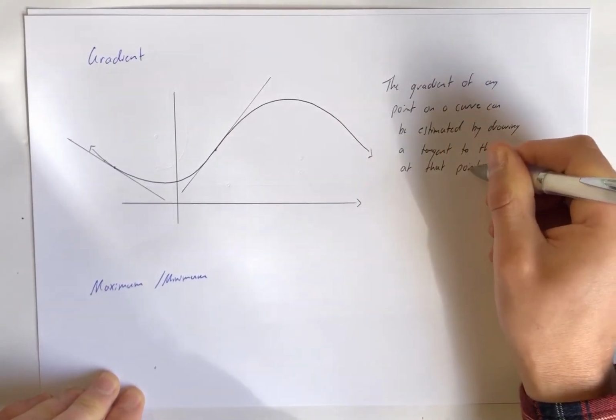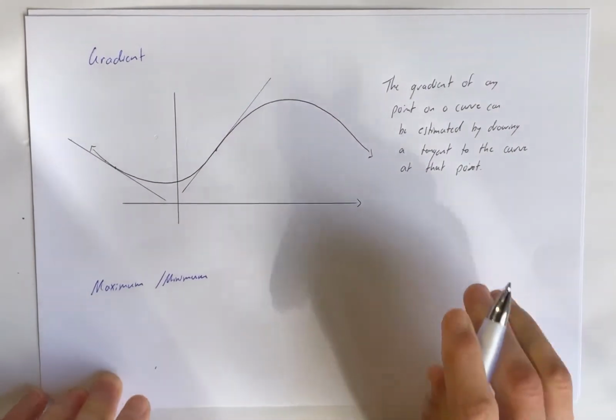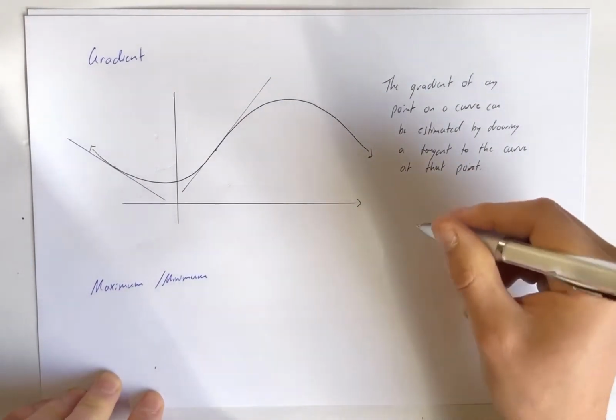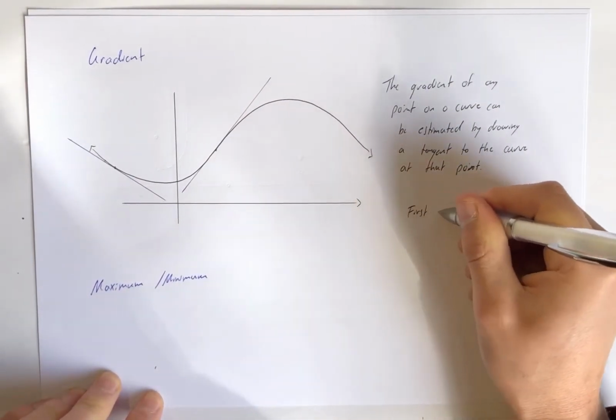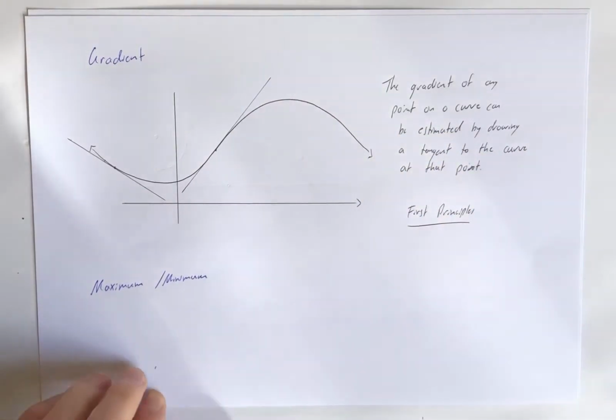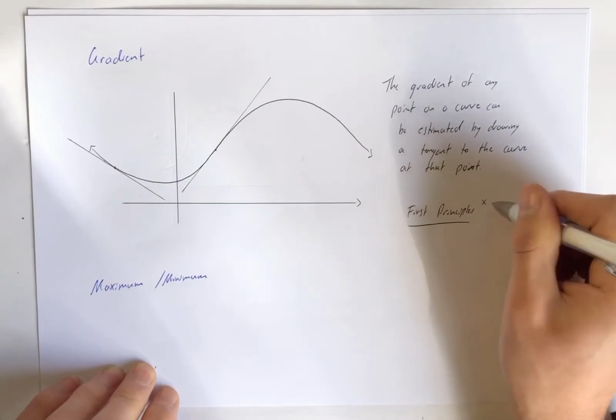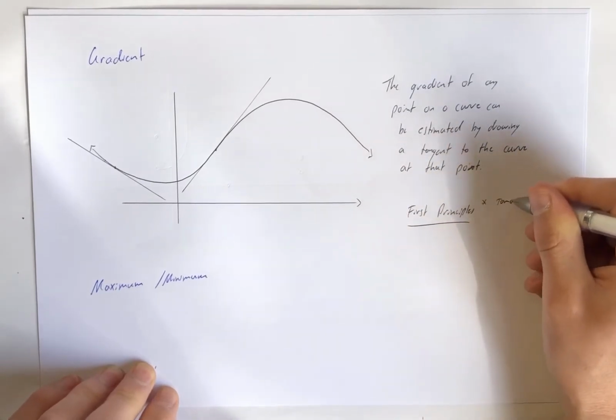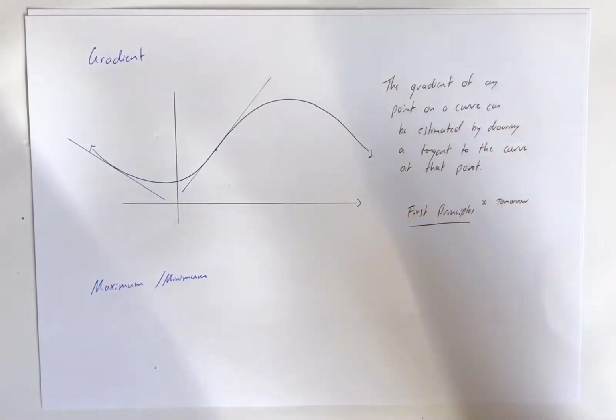And I've hinted at it a couple times, but the more formal definition of gradient is going to be from first principles, and that's going to be probably tomorrow's lesson. So tomorrow, or maybe the day after.